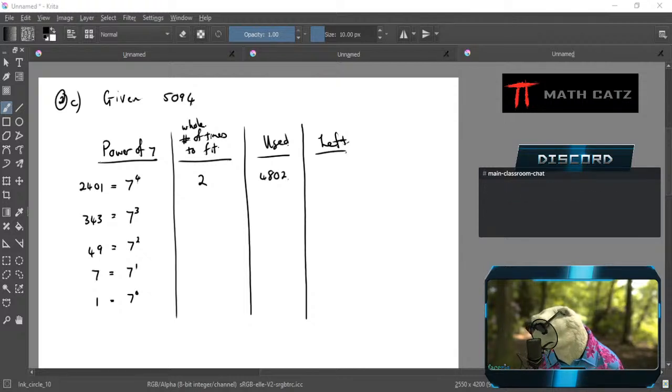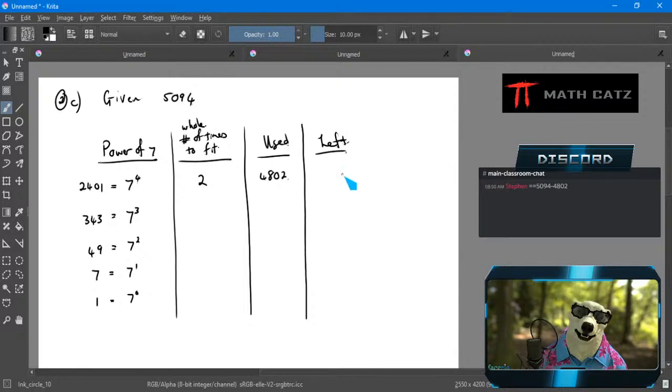So 5094, take away 4802. MathBot says, nope. Oh, there it is, okay. 292. Okay, so that's what's left. And now I see my next group size is 343.